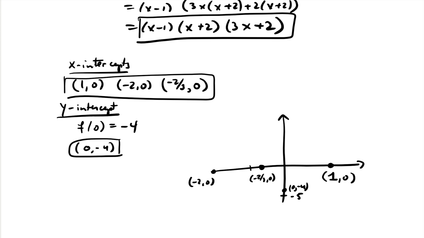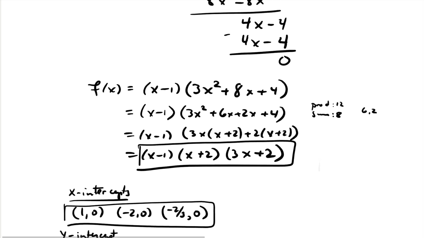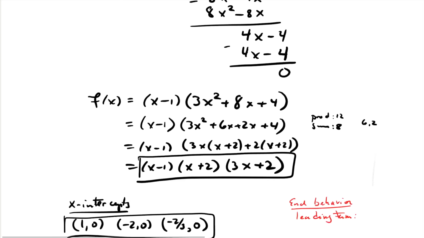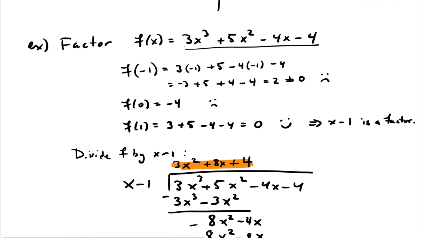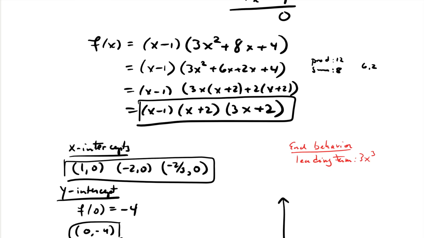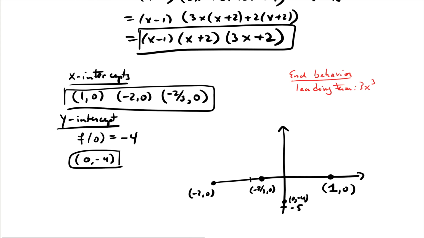How does the graph look at infinity? The end behavior. This is also something I can look at. Let's look at the leading term, which will tell us about the end behavior. The leading term is 3x cubed. Now x cubed looks like this, and the 3 won't change the shape of the graph.